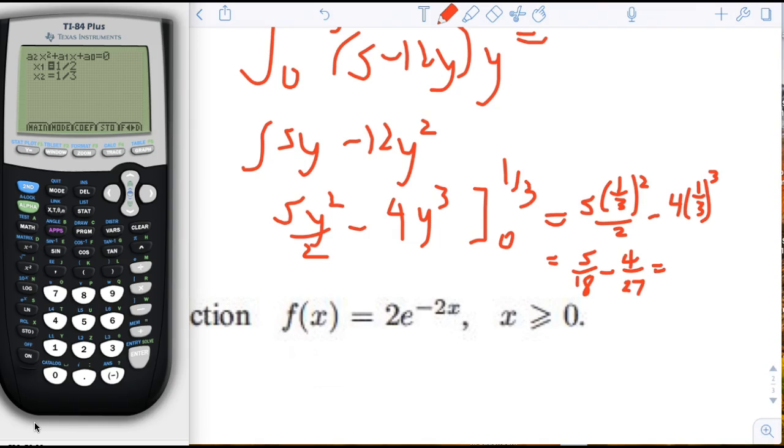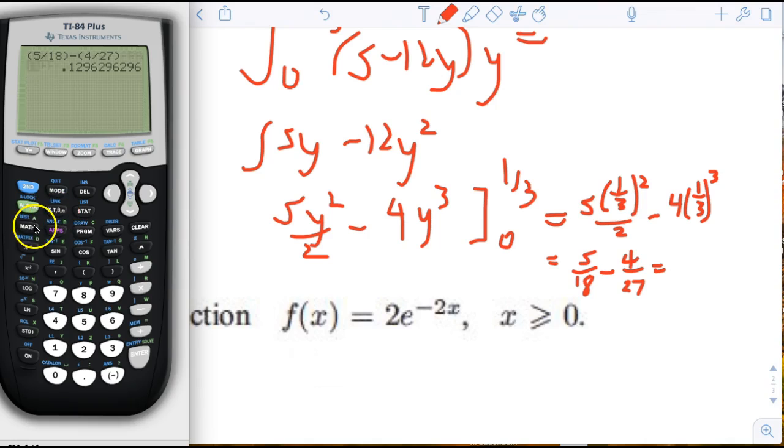And let's do that with the calculator. So we're going to do 5 divided by 18 minus 4 divided by 27. And I'm going to change that to a fraction.